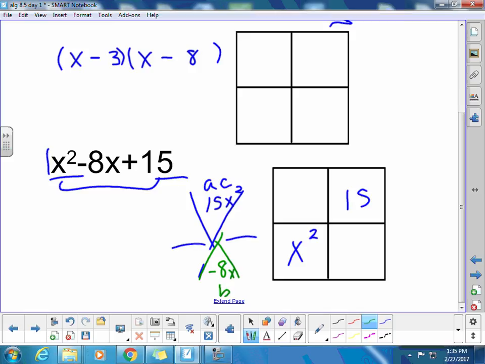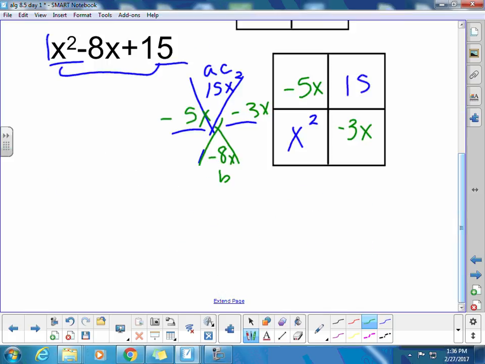So two things that multiply together to give me positive 15, add together to give me negative 8, would be negative 5 and negative 3. These are x's. Those go in these side spots. So negative 5x goes in the other spot, and negative 3x goes in the last spot.